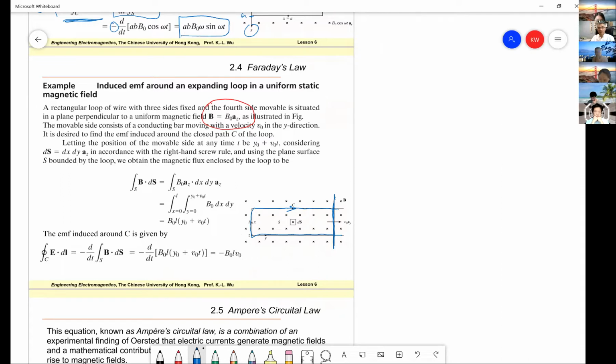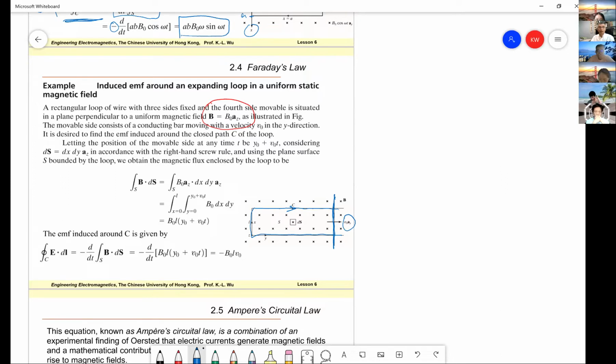So this is sliding, I can move back and forth, left and right. But now I move toward the right with a constant speed, v0. I just move with constant speed. So in this case, while I move, this area changes, the contour changes, right?